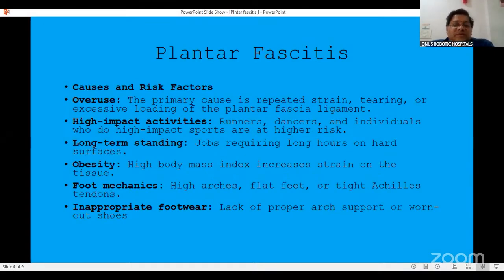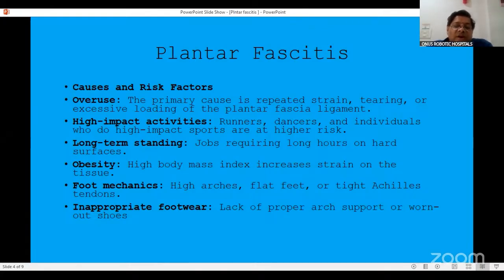What are the causes and risk factors? Usually it is overuse. That means you are standing for longer periods. If you are a sprinter or runner, running more and more barefoot on the roads, not on the ground, you'll have this pain very excessively.